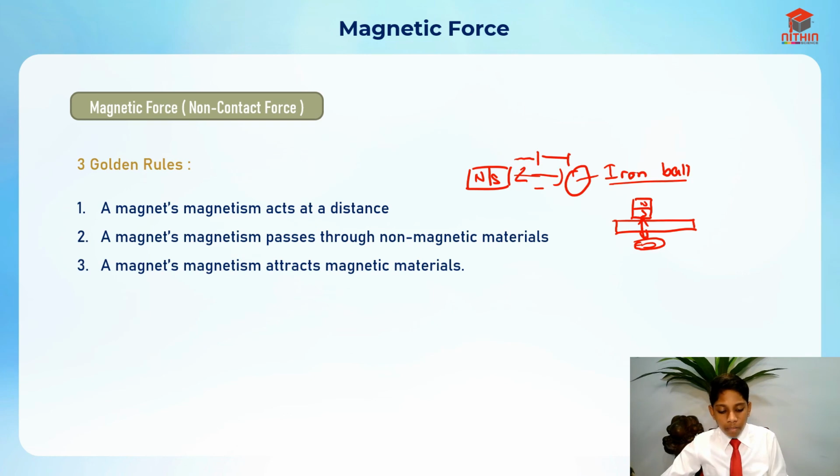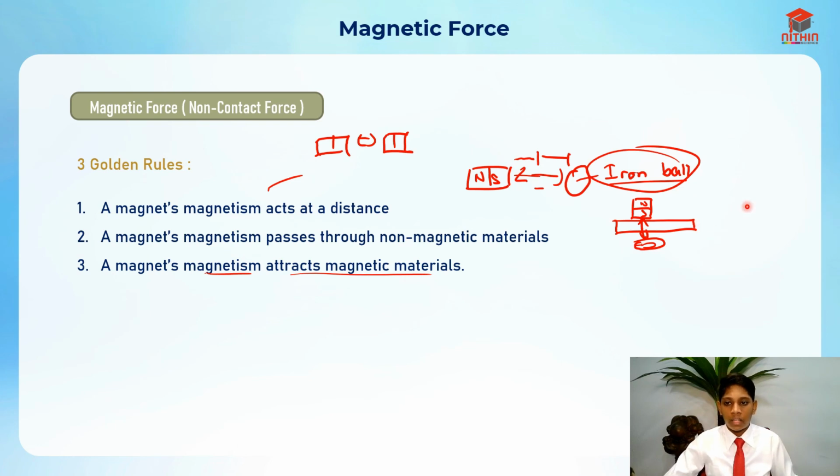Next, a magnet's magnetism attracts magnetic materials. Like I said, it attracts the iron ball, right? And for the first one, we could also talk about 2 magnets attracting each other from a distance. So I hope you understood the 3 golden rules of the magnetic force. So now let's move on.